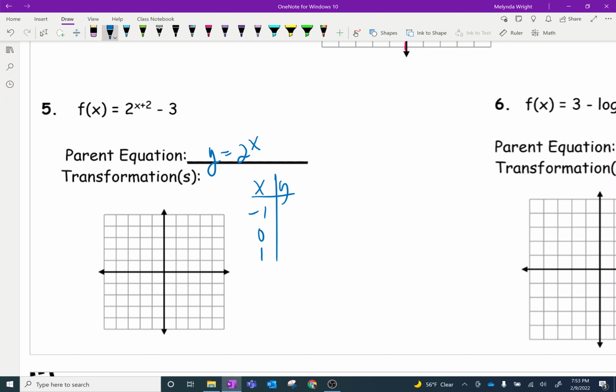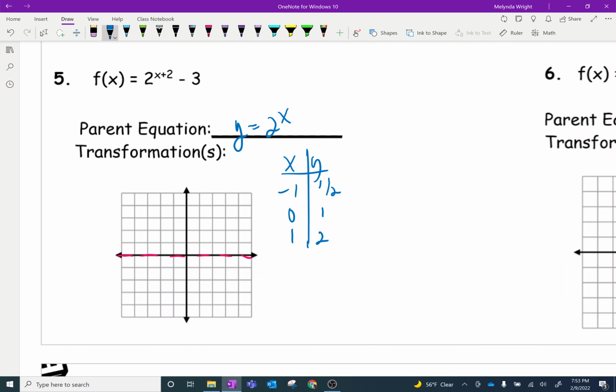This is an exponential, so it's got an asymptote right here on the x-axis, and so let's graph those points. -1, 1/2, 0, 1, and 1, 2. And if these aren't enough points for you to figure out what it looks like, just graph as many as you need. All right, so now we've got the parent done.